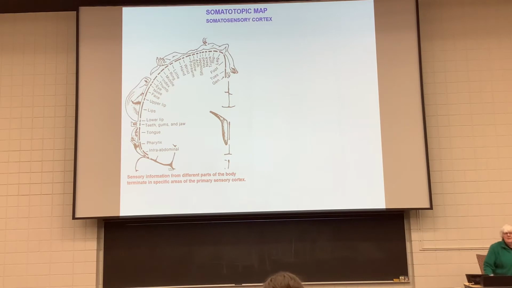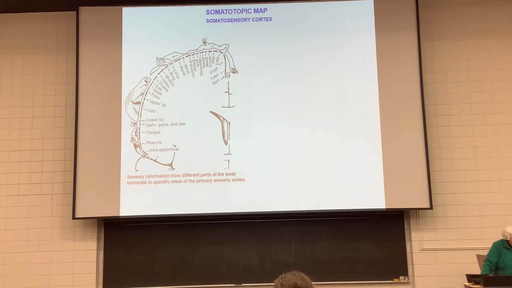So remember what I said, if they have a small receptive field, that means there's going to be a whole lot more neurons that are covering that area. So there's a whole lot more axons coming up into the thalamus, and then from the thalamus up into the face. So there's a nice correlation between small receptive fields and large representation in the cortex.